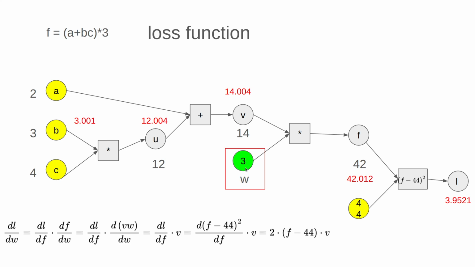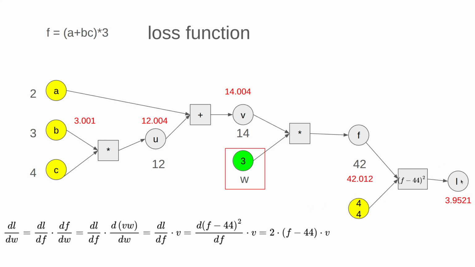The purpose of doing backpropagation is that we hope to know the gradient of W, so that we know how we can change the W to change the F, so that the F will be as close to the 44 here as possible. Let's see how we can do that.